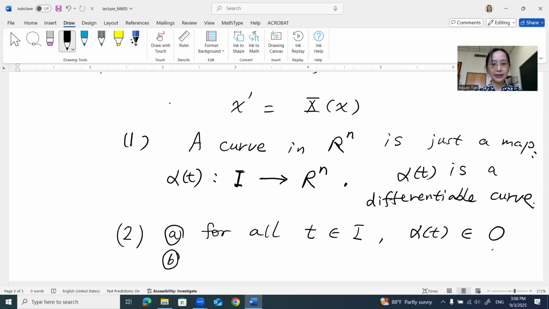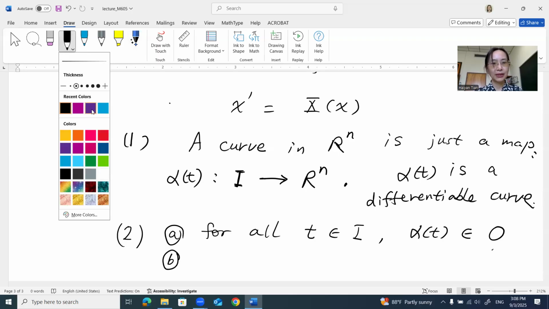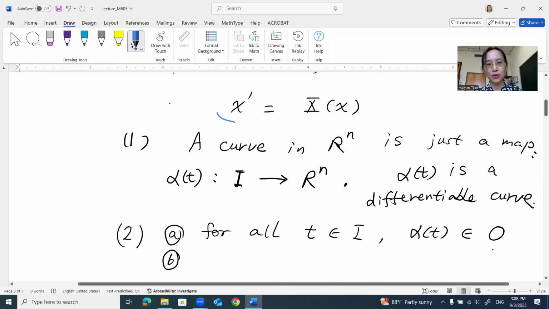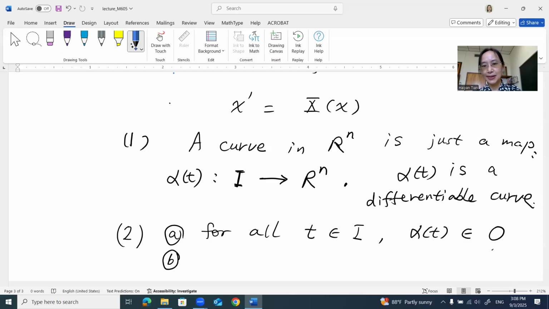Now we are glad that, first of all, alpha is a differentiable curve, a vector valued curve which is differentiable. Second, alpha at t, for t in the interval I, is in the domain of the vector field. So the vector field is defined, which means the whole equation is defined.